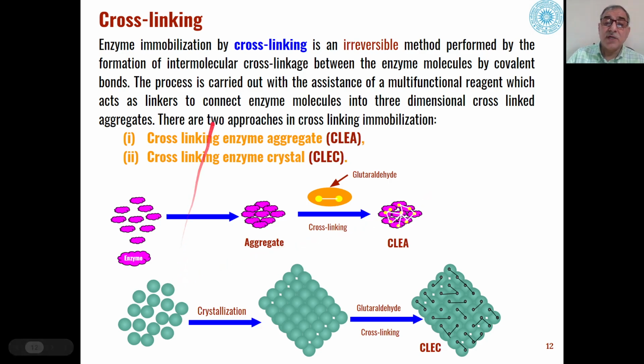Then the other process is cross-linking enzyme crystallization or enzyme crystal. So here the individual protein molecules will first undergo crystallization, and we will have a definite geometry of the protein molecules, and then these definite geometry proteins will undergo cross-linking through cross-linkers like glutaraldehyde, and we will have these types of immobilized enzymes, which are called cross-linking enzyme crystals.